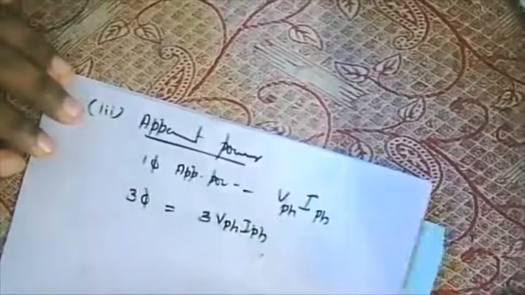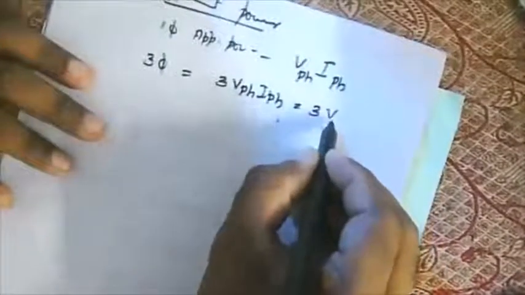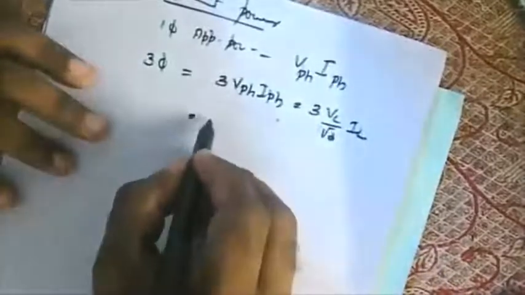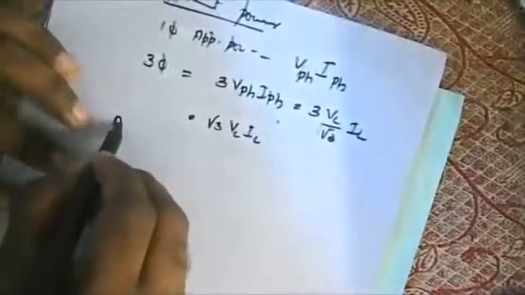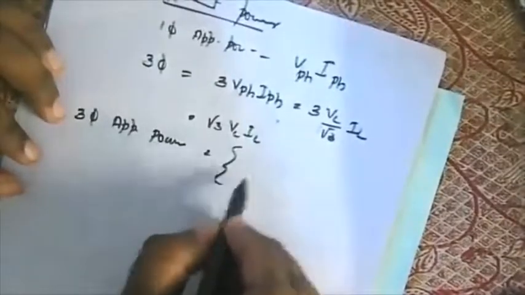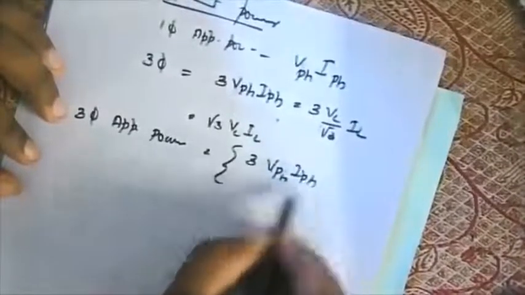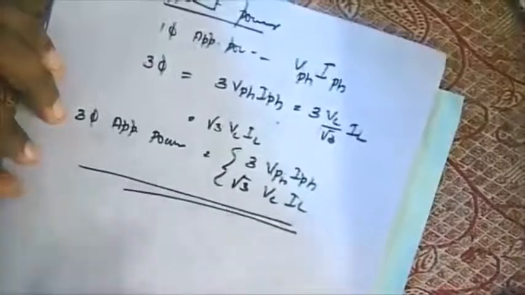V phase is nothing but VL by root 3 and I phase is IL. So I will get 3 VL by root 3 into IL, that is equal to root 3 VL IL. So apparent power for three phase has two equations: 3 V phase I phase or root 3 VL IL. With this, I have worked out the star connection.